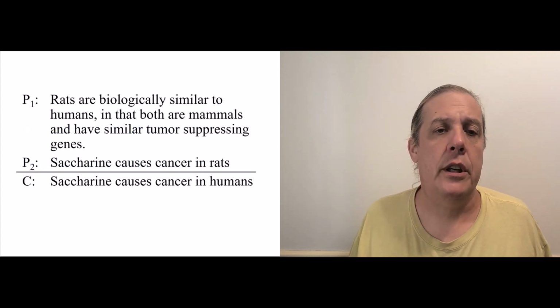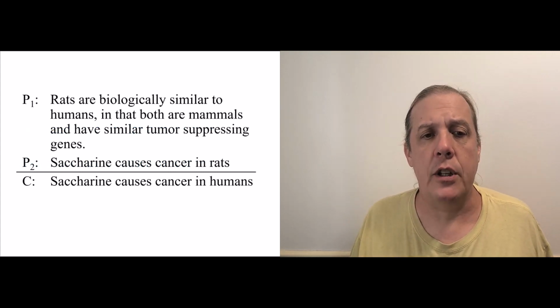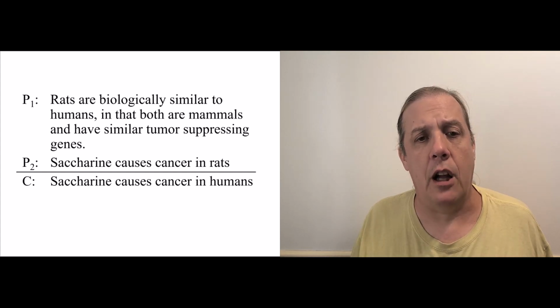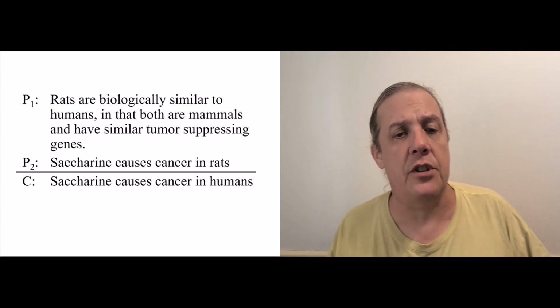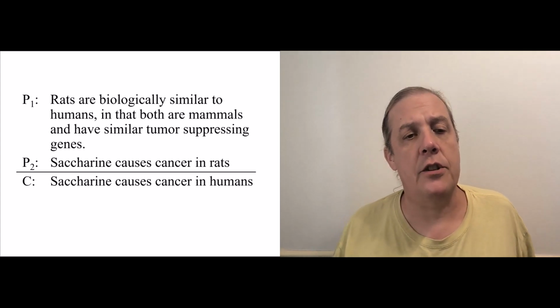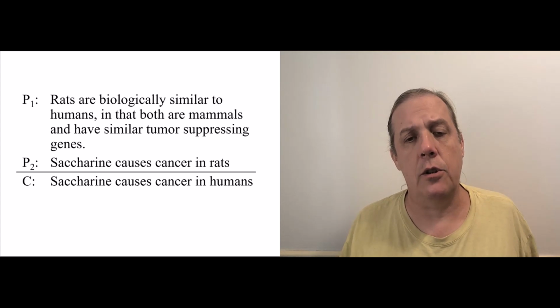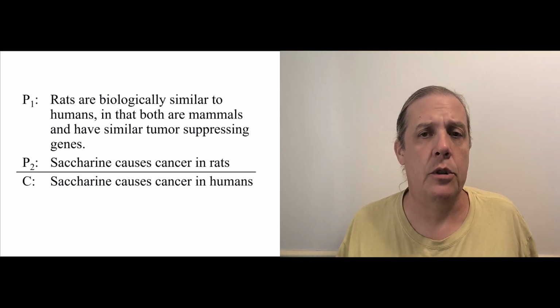Okay, so here's the argument about rats in standard form. And actually here I've broken it down into two premises and a conclusion. Rats are biologically similar to humans in that both are mammals and have similar tumor-suppressing genes. Saccharin causes cancer in rats. Conclusion, saccharin causes cancer in humans.